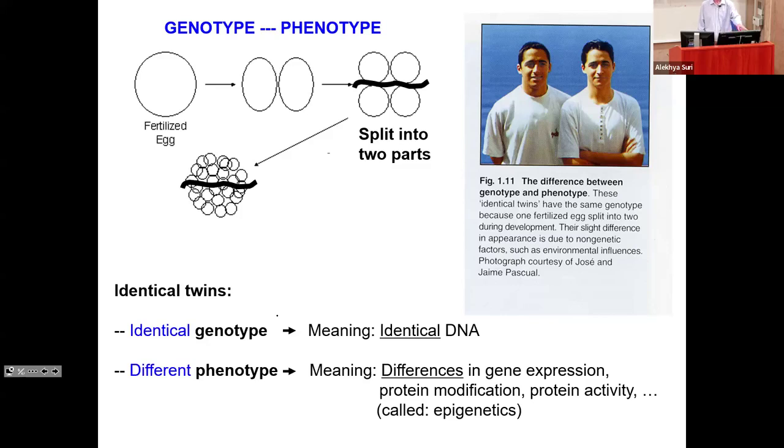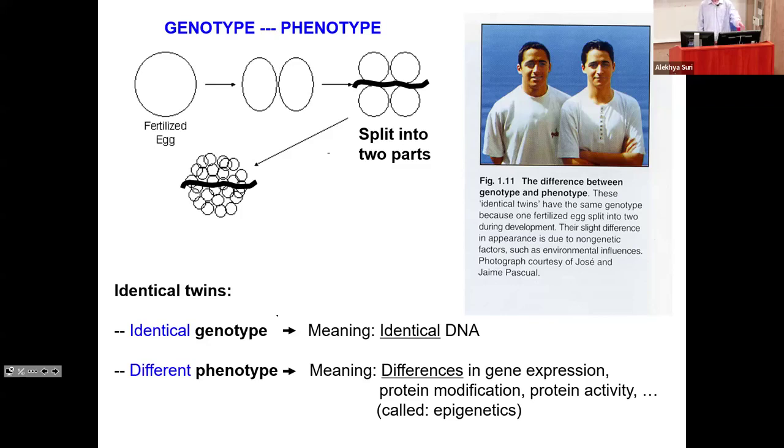Once you have a fertilized egg, it will at some stage, I think before the blastocyst, divide in two parts, but this is not yet at the stage where it's differentiated. And then you develop two organisms coming from the same fertilized egg.